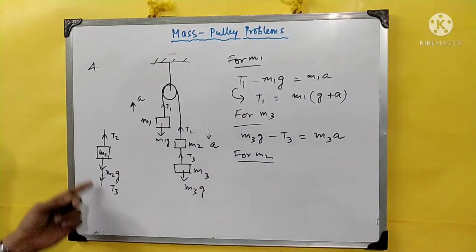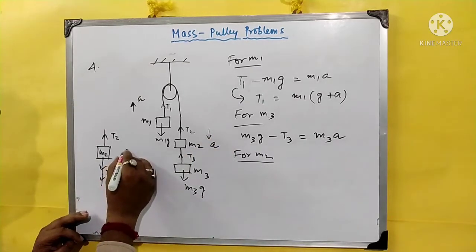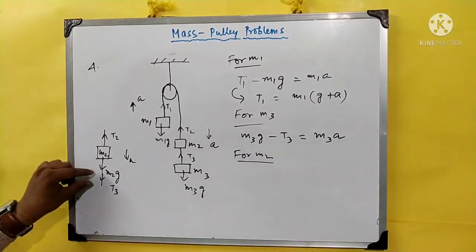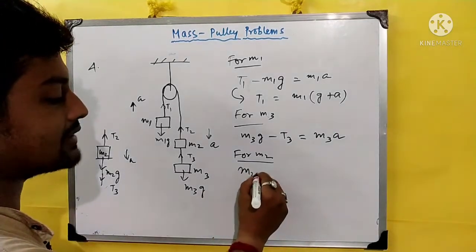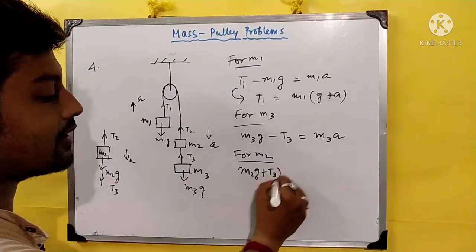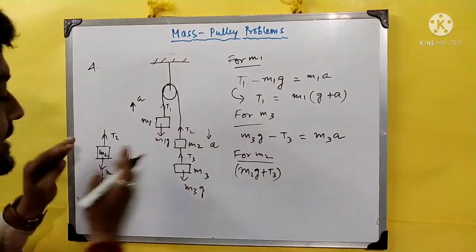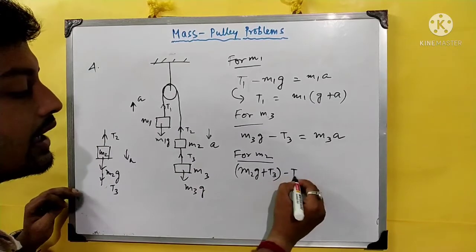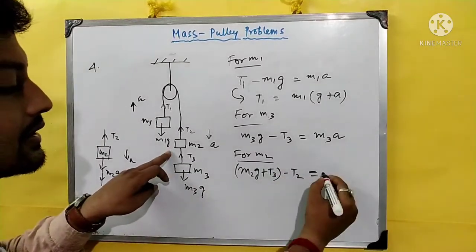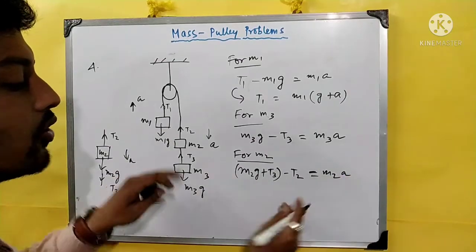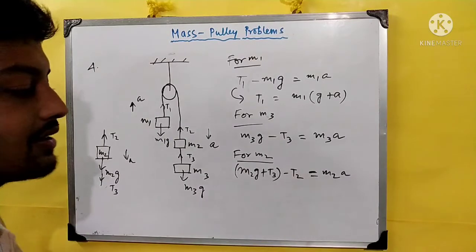So considering this fact, you have to write it as, see, acceleration is in downward direction. So M2g and T3 both are positive. You have to write it as M2g plus T3, put it in a bracket, it will be easier to understand. Minus, opposite, is T2. Minus T2, which will be equals to the product of mass and acceleration. Okay, this is the entire effective force which is equal to the product of mass and acceleration.